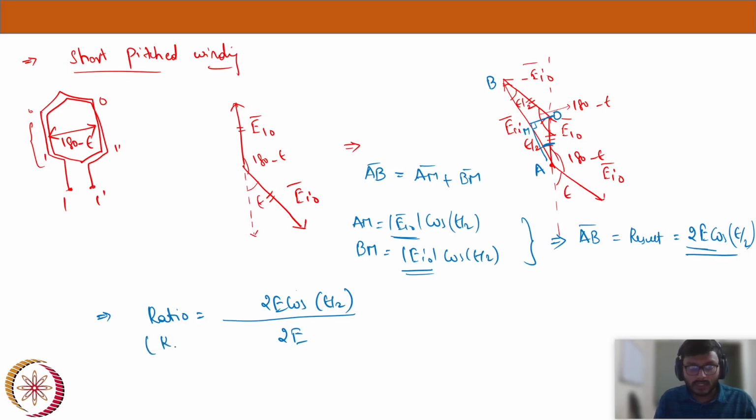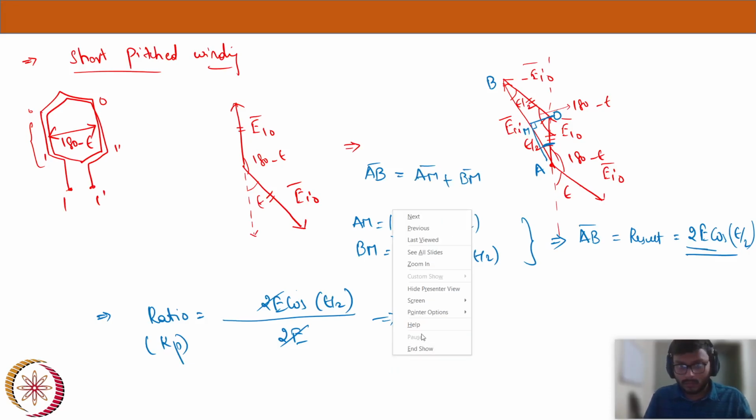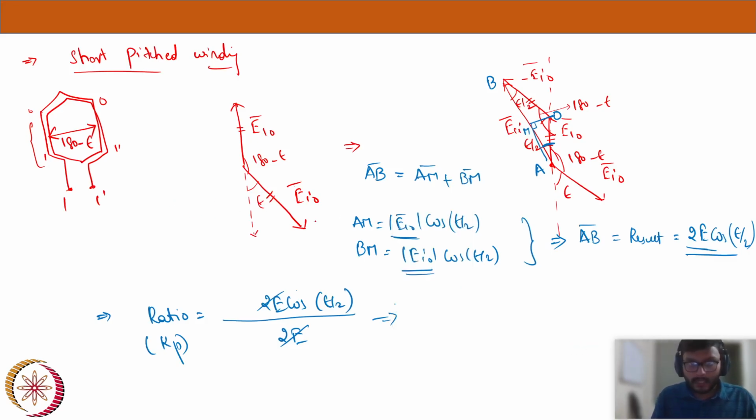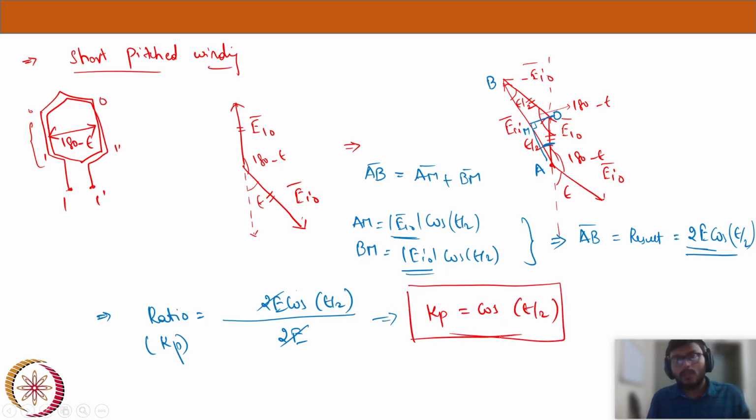So this ratio is nothing but the pitch factor. 2E will get cancelled. Finally, my pitch factor Kp is equal to cos epsilon by 2, where epsilon is my short pitched angle.